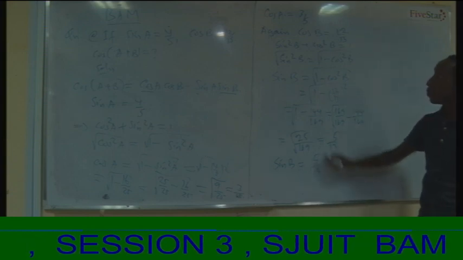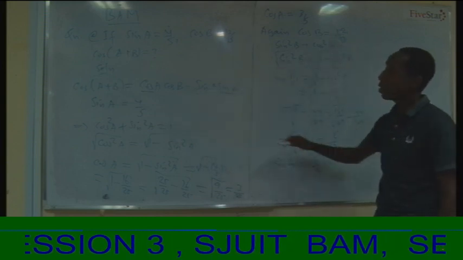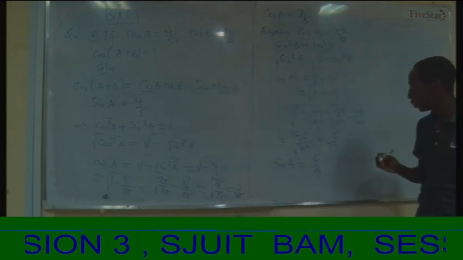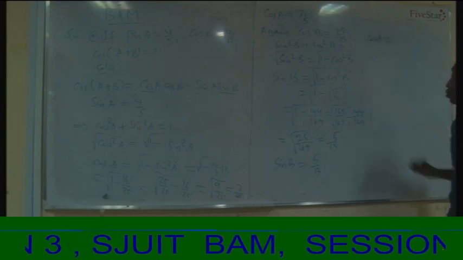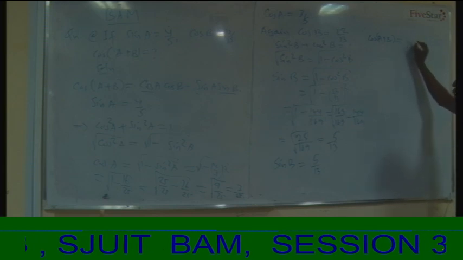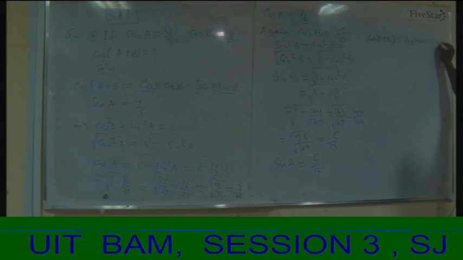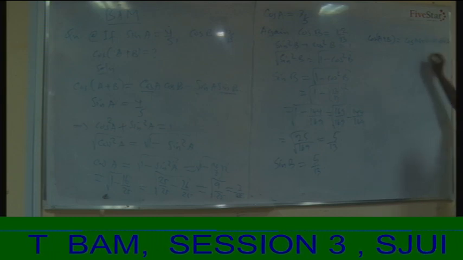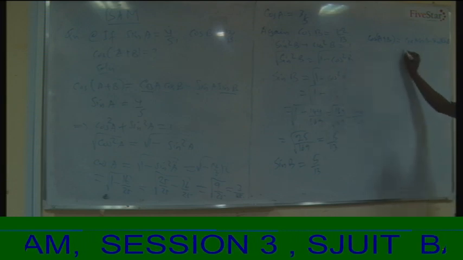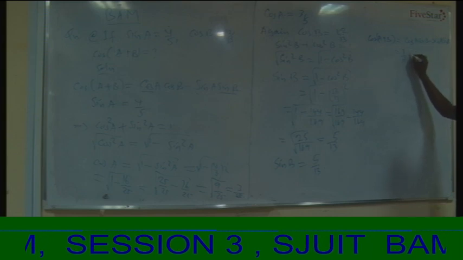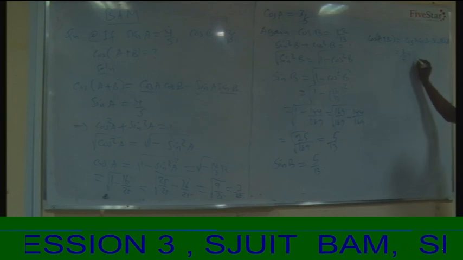That means we have sine B, we have cos A, we have sine A, and we have cos B. So we can just find the cosine of A plus B. Therefore, cosine of A plus B will be equal to cos A times cos B minus sine A times sine B. Our cos A is 3 over 5, so we put 3 over 5 times cos B, which is given as 12 over 13.